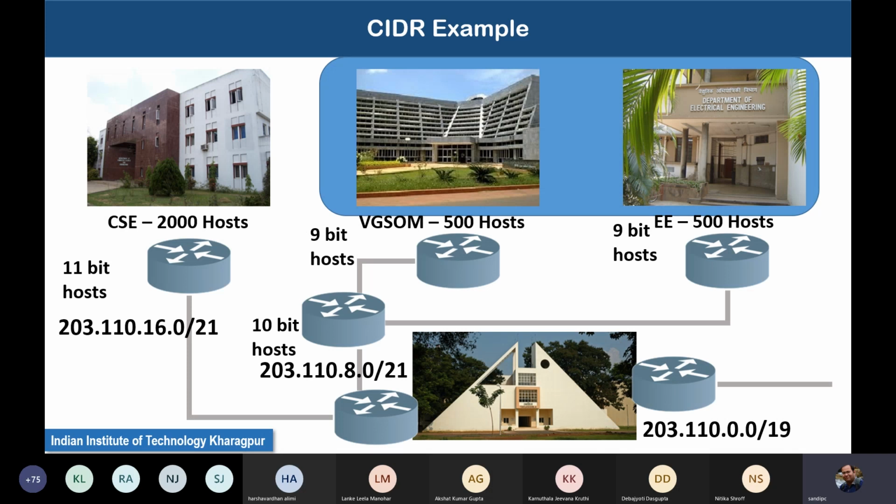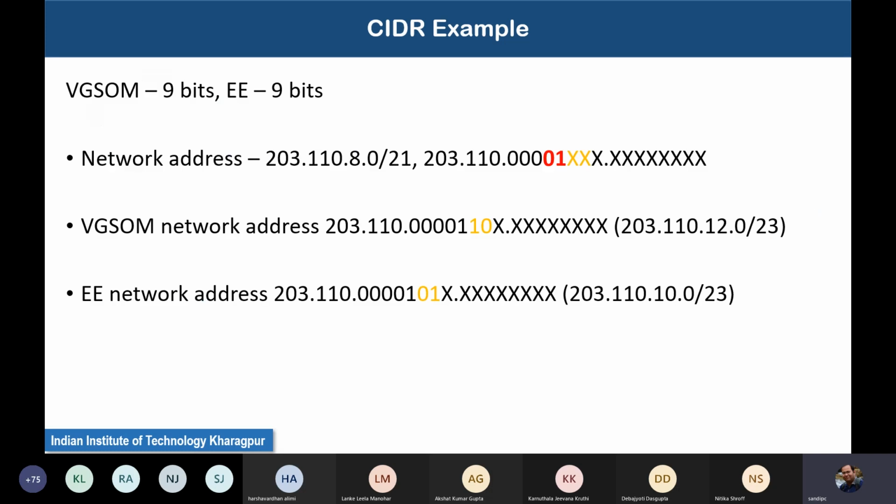Here I have 11 bits left, and from those leftover bits I can create 2 different 9-bit host subnets. The network is 203.110.8.0/21, and this part up to the red part I have taken for the subnet combining VGSUM and EE. Now I take 2 more bits and put them as 10 and 01.